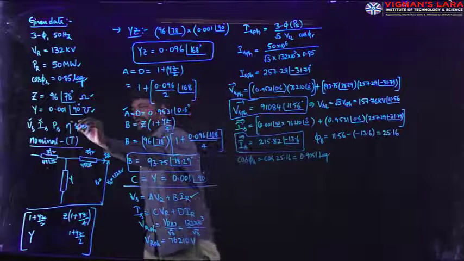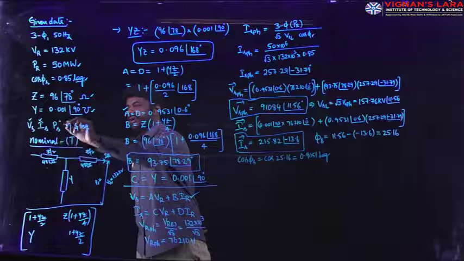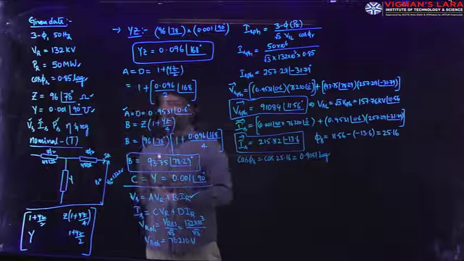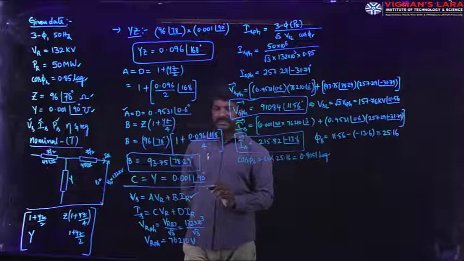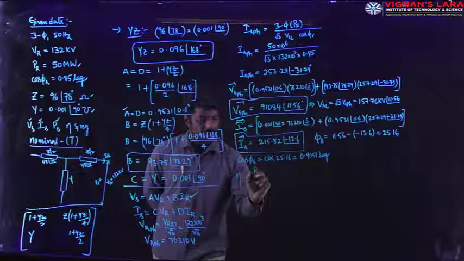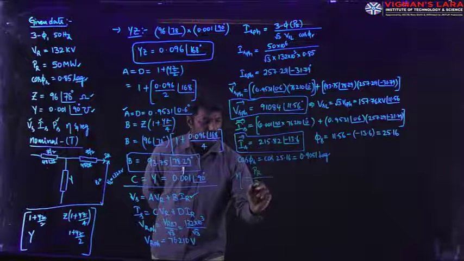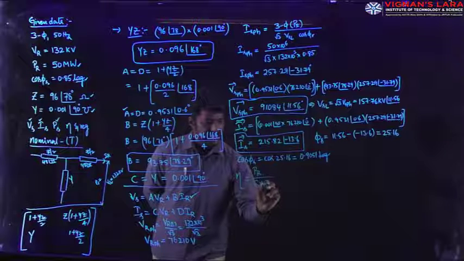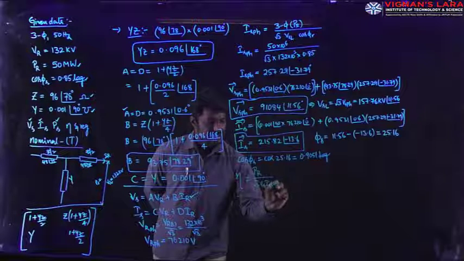So we calculated Vs, Is, cos phi s, so that the power Ps is there with us. Let me calculate the efficiency. Efficiency is equal to output power PR divided by root 3 Vs Is cos phi s.